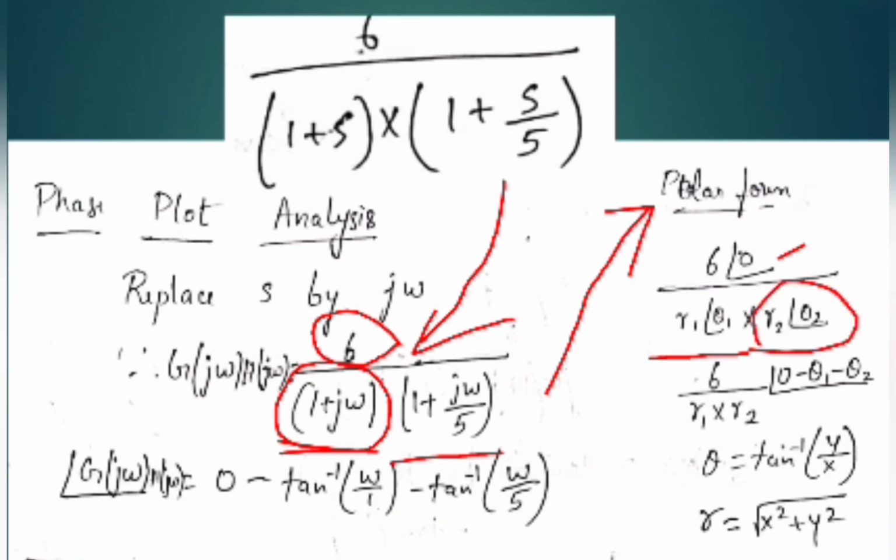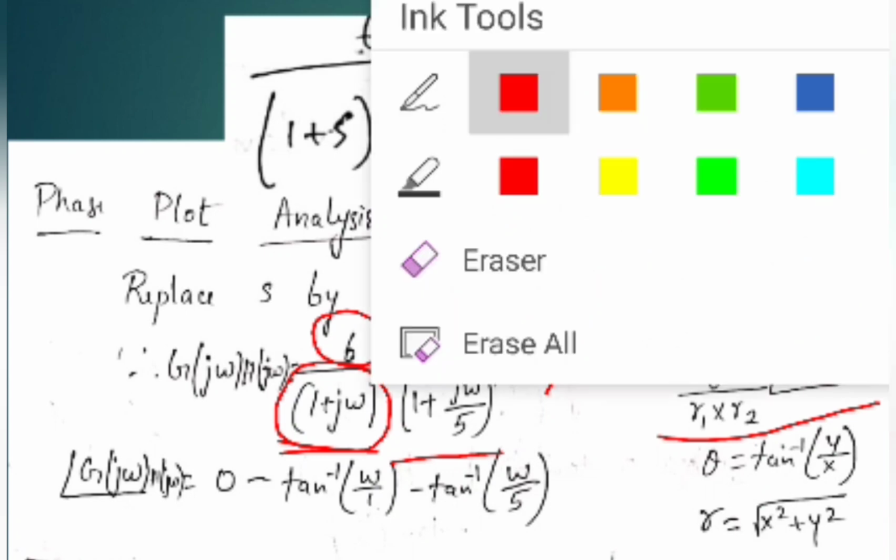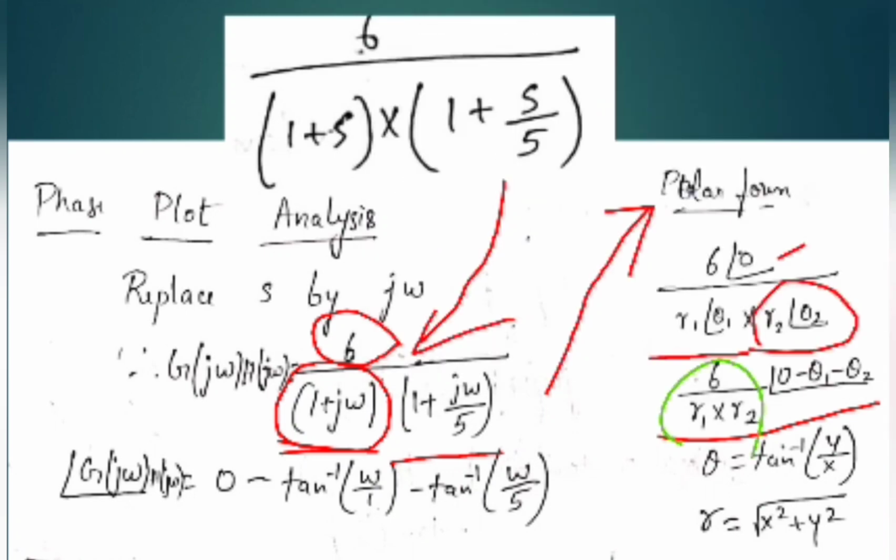So now when we simplify it in polar form, the magnitudes simplify directly, that is 6 divided by r1 times r2, and in terms of angle we have 0 in the numerator, and the denominator angle when shifted to the numerator takes a minus sign, so it becomes minus theta 1 and minus theta 2.